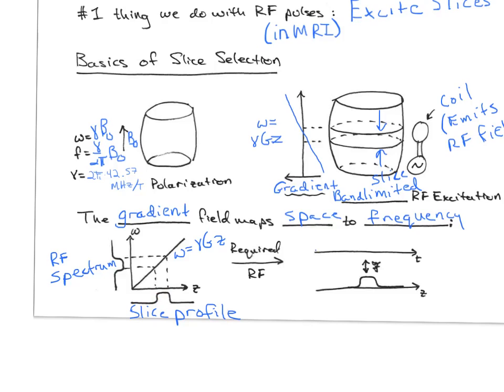Then to get a slice profile like a rect function, we would want to play out the Fourier transform of a rect, which is a sinc. In practice, we can't play out infinitely long sincs, so we have to truncate them, which has effects that we'll talk about in a little bit. So the Fourier transform of the RF pulse, which we call B1 of t, is like a rect function.